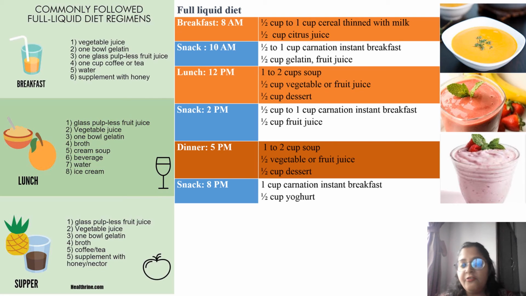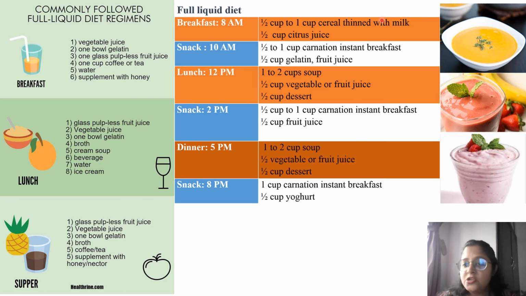So what kind of food can you prefer in a full fluid diet? You can give vegetable juices in the breakfast. If you think of a breakfast, then you can give gelatin, less pulp fruit juice, coffee, water, supplemented with honey.